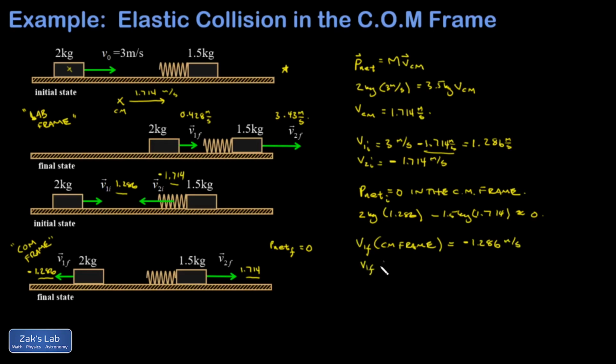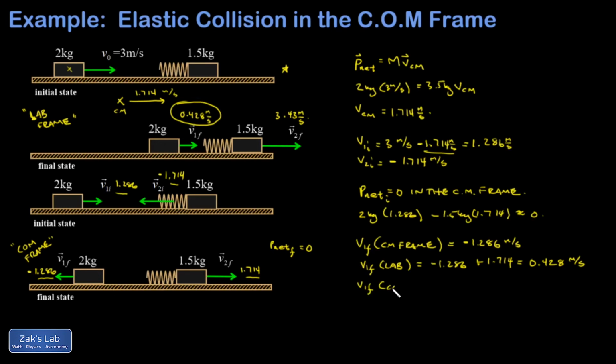V1 final in the lab frame is going to be that plus 1.714 meters per second. So we're just translating back to the original frame, and I get 0.428 meters per second, which agrees with the answer that we got the long way in that previous video.